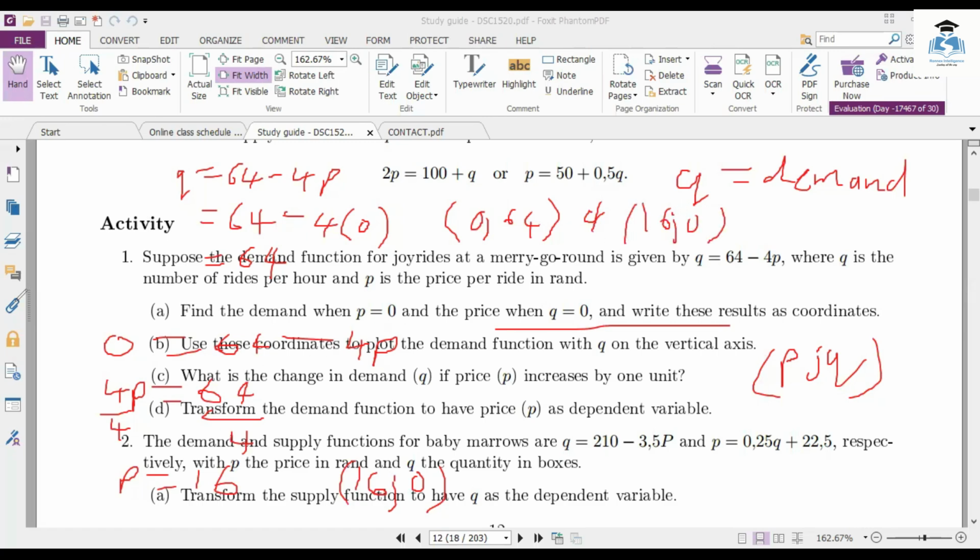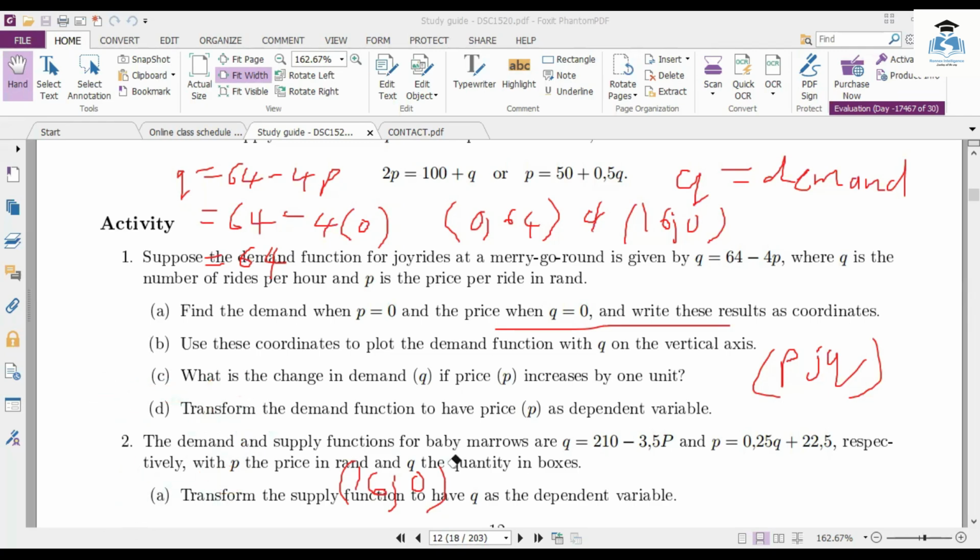It now says use these coordinates to plot the demand function with Q on the vertical axis.